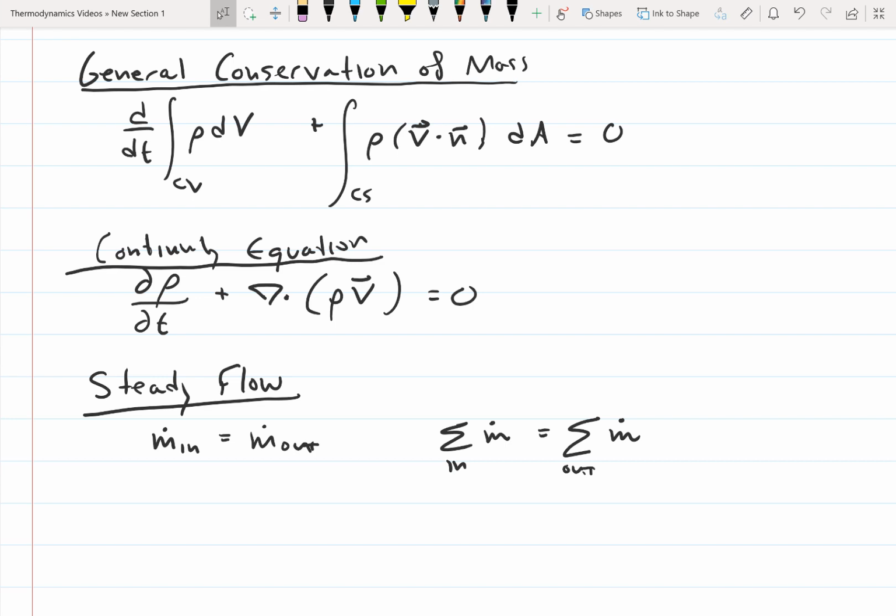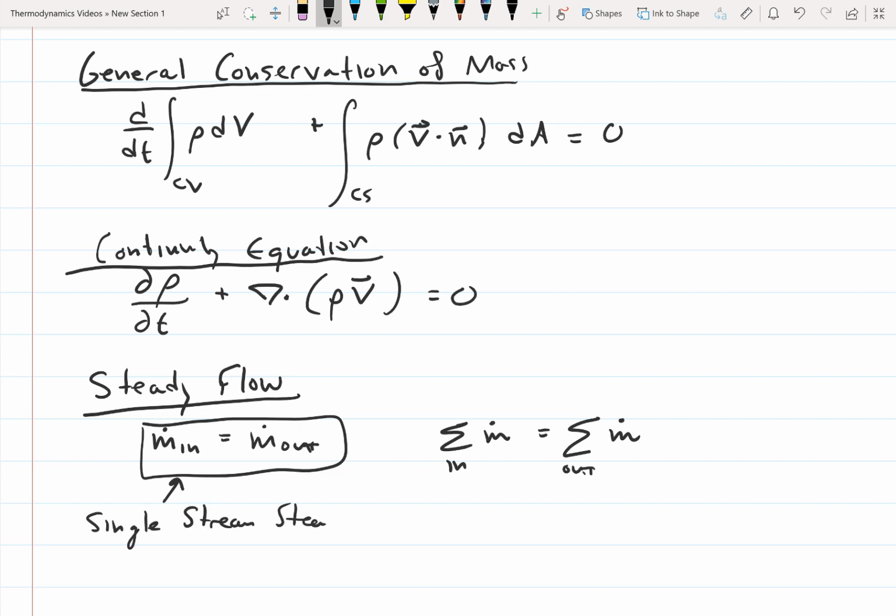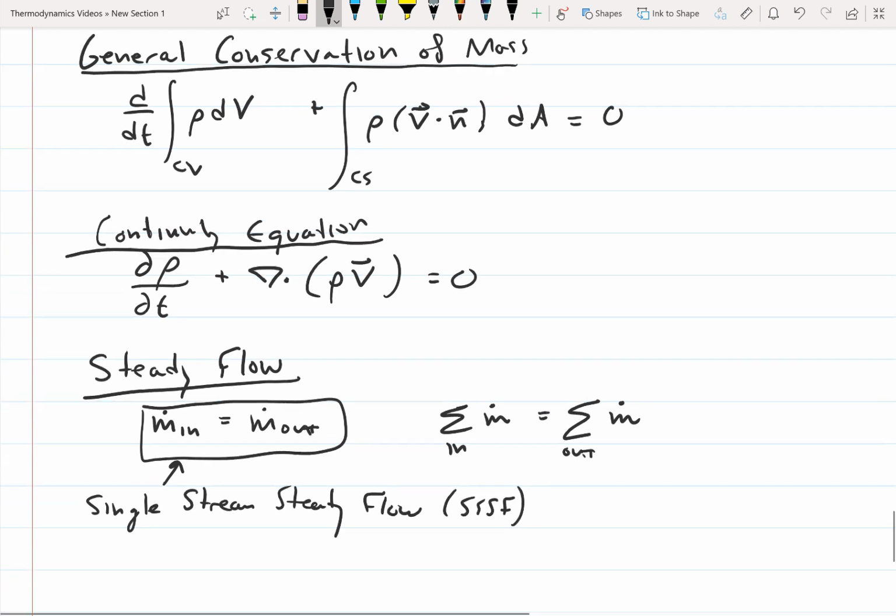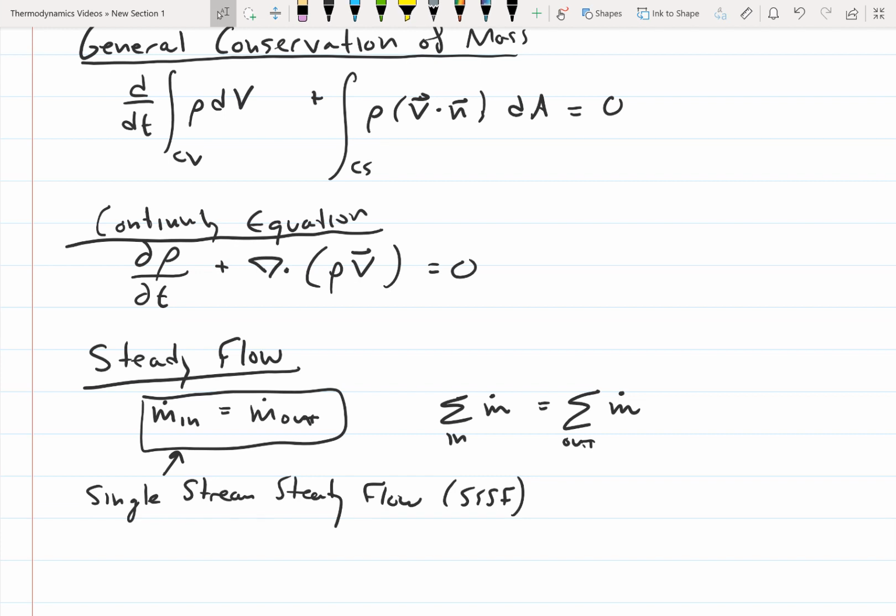Then we wrote an equation assuming that it was a single stream steady flow, and that's basically just this. So this one is the single stream steady flow, SSSF.